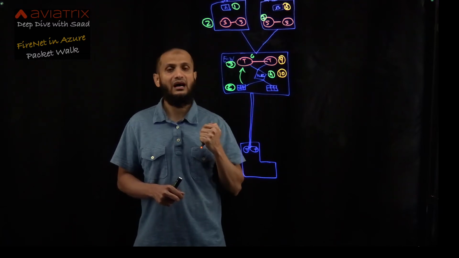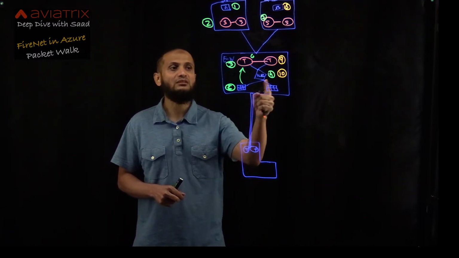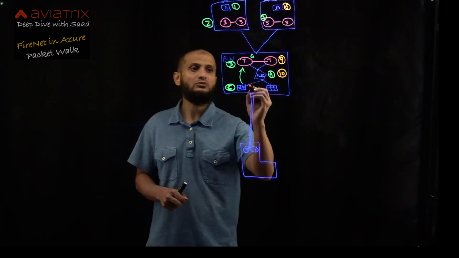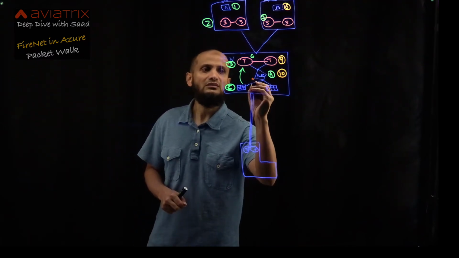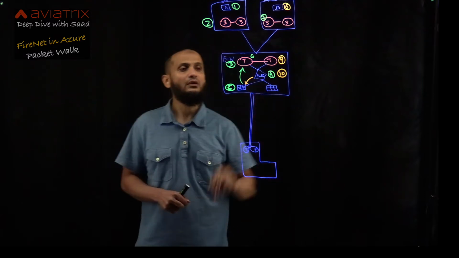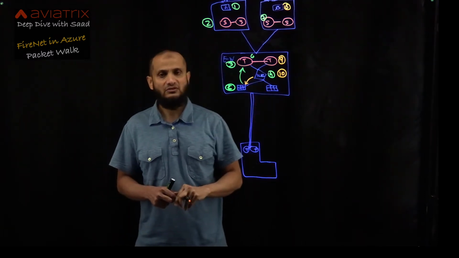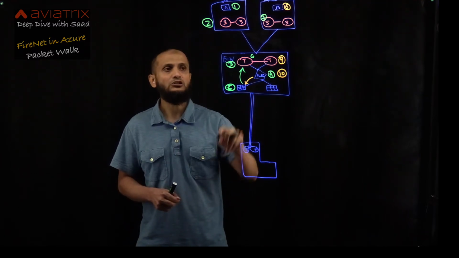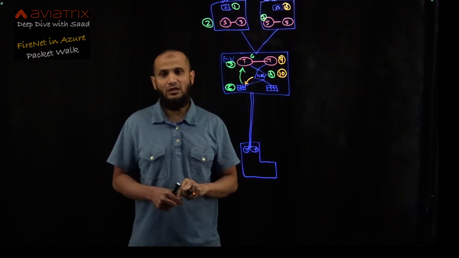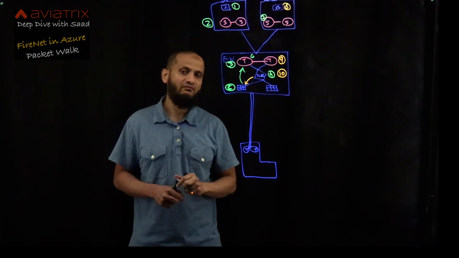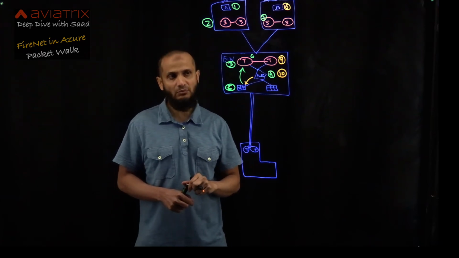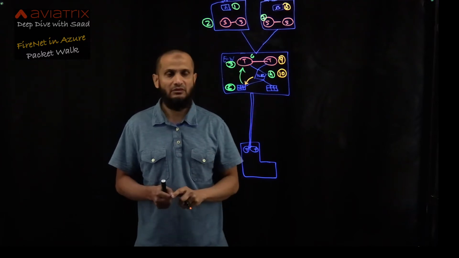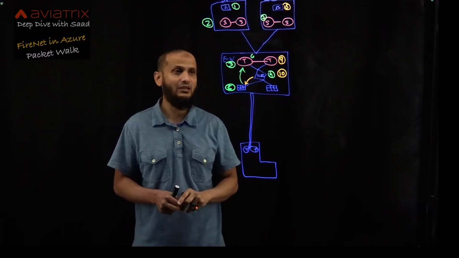But since I am maintaining the hashing, I'm going to send the traffic over to the firewall which receives the initial traffic. So it is going to hash it back to this firewall. Now, firewall receives the traffic, it does its inspection, and sends the traffic again to the transit gateway using its DMZ firewall LAN routing table, pointing towards this particular transit gateway, which is a primary transit gateway for us.